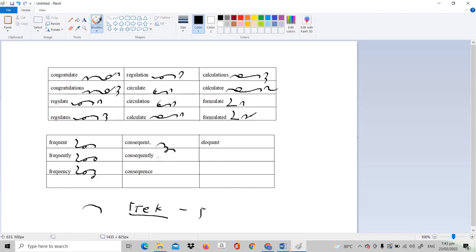Consequent. Ayan. Next, consequently. Consequently. Consequence. Consequence. Next, eloquent. Look. Ayan.